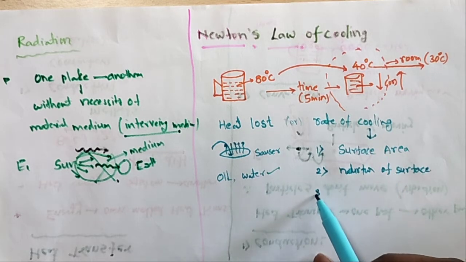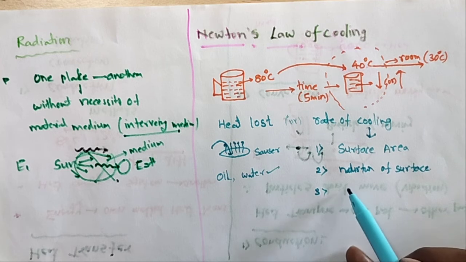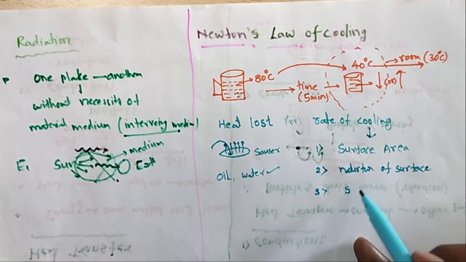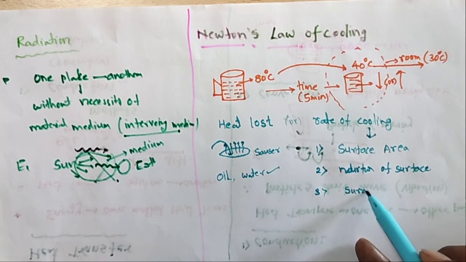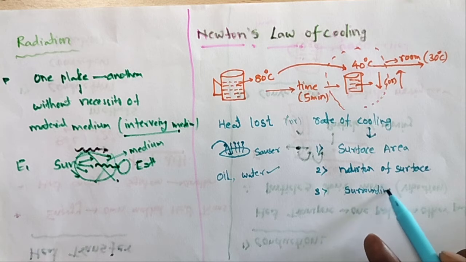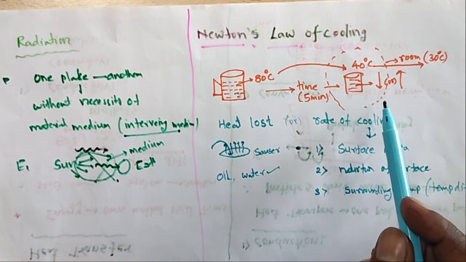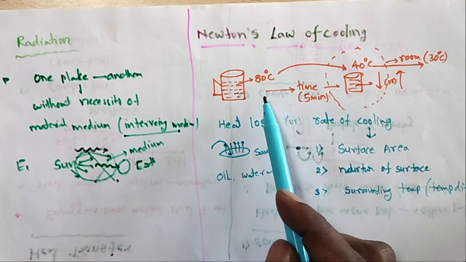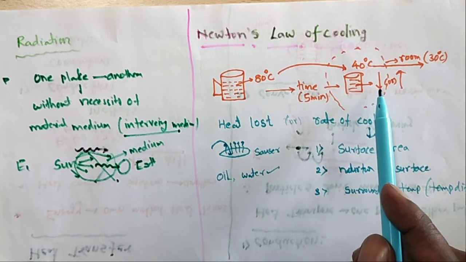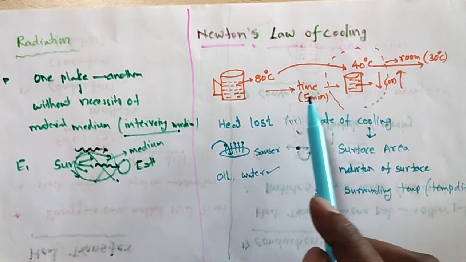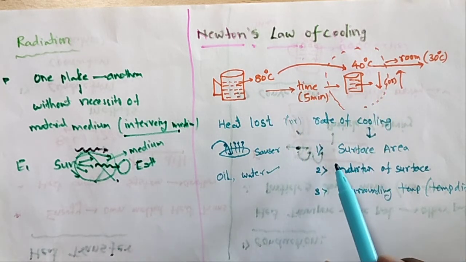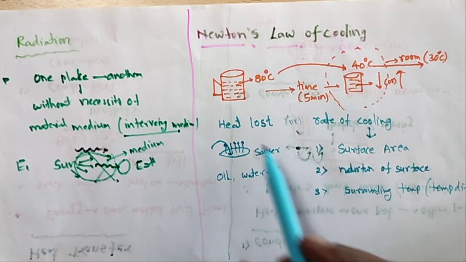The third factor depends on the surrounding temperature, or the temperature difference. If the surrounding temperature is very cool, say 10 or 20 degrees, the cooling is very fast. If the surrounding temperature is higher, the cooling is less.